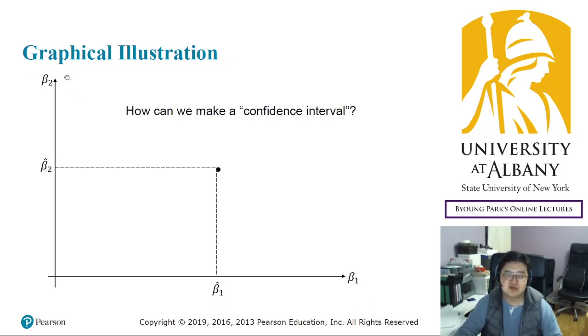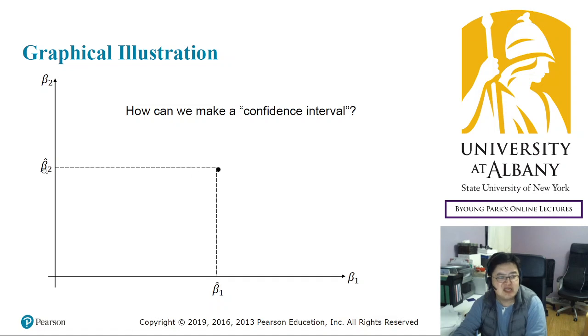We would like to analyze two coefficients at the same time. The OLS estimate will be given as a point on a two-dimensional plane: beta 1 dimension, beta 2 dimension. Beta 1 is estimated at this point, beta 2 at this point, and jointly combining the two, we have one point on the two-dimensional plane.